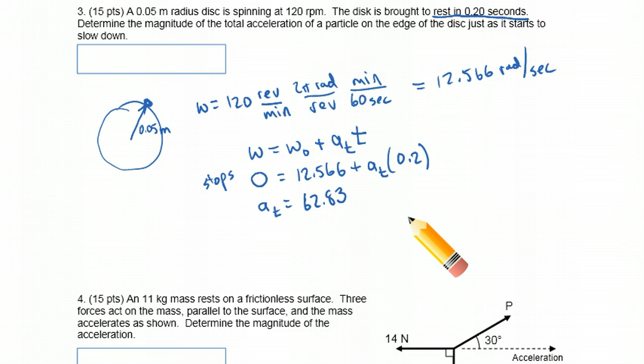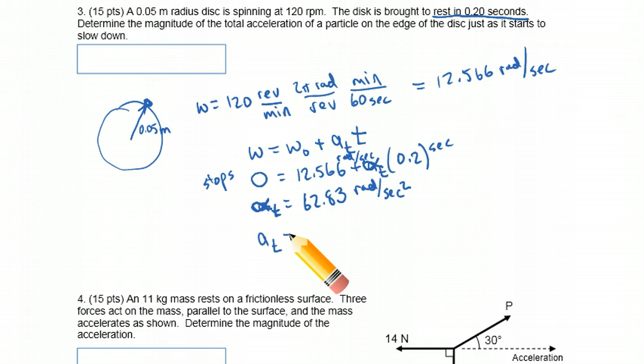Okay, let's think about units for a second. That's actually not a sub t, that's going to be alpha sub t. That's our angular acceleration, which is related to the tangential acceleration. The reason I knew that is because that's radians per second up here, and then seconds right here, so radians per second squared.